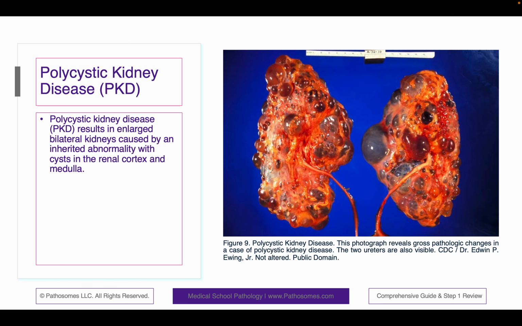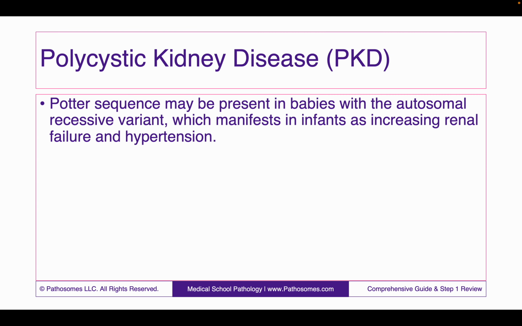If you take a look at this image here, this photograph reveals gross pathologic changes in a case of polycystic kidney disease. Potter sequence may be present in babies with the autosomal recessive variant, which manifests in infants as increasing renal failure and hypertension.